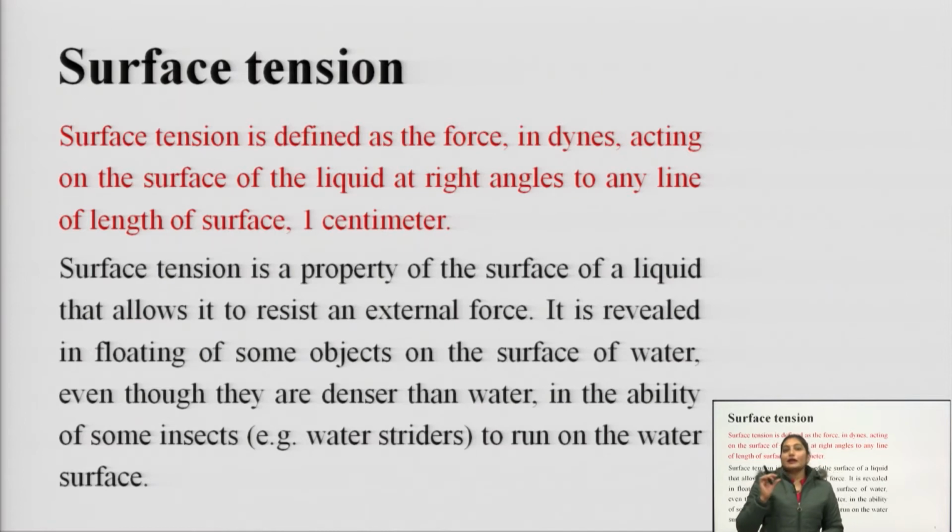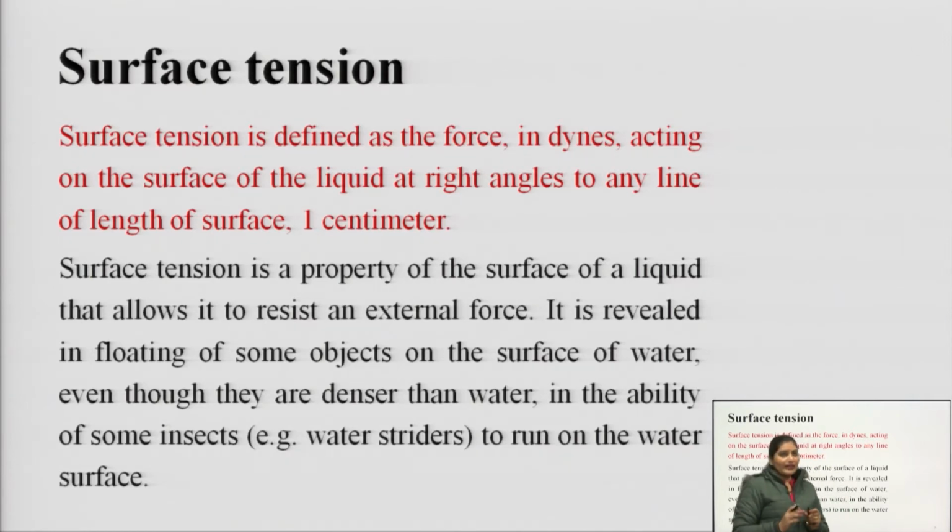This is the property because of which the liquid tries to attain minimum surface area. A liquid molecule tries to maintain a minimum surface area and will be spherical in shape. This is the phenomenon because of which falling water droplets form a spherical shape. The droplets of mercury will form a spherical shape.